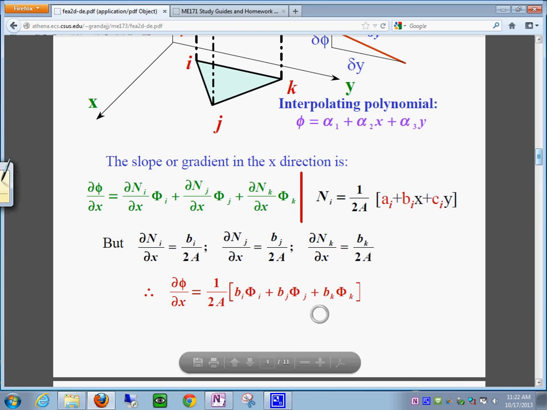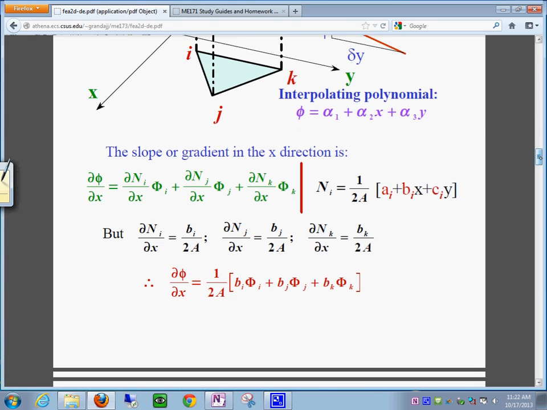So what I'm trying to say is that when you apply Galerkin's method and you calculate the inclination of the plane, it becomes easy to predict the plane inclination along the x-axis and along the y-axis. All right, so we have it here.